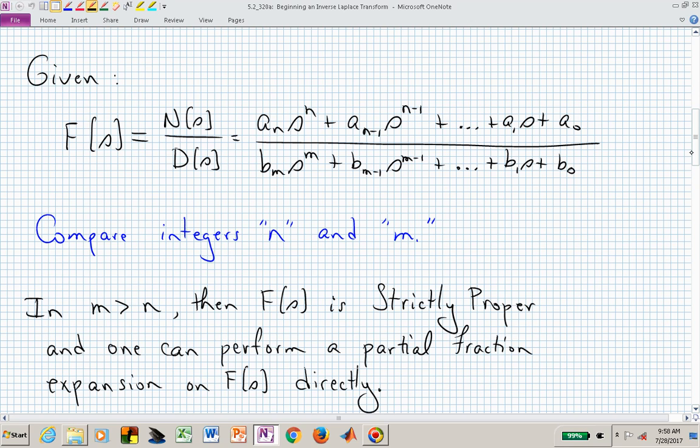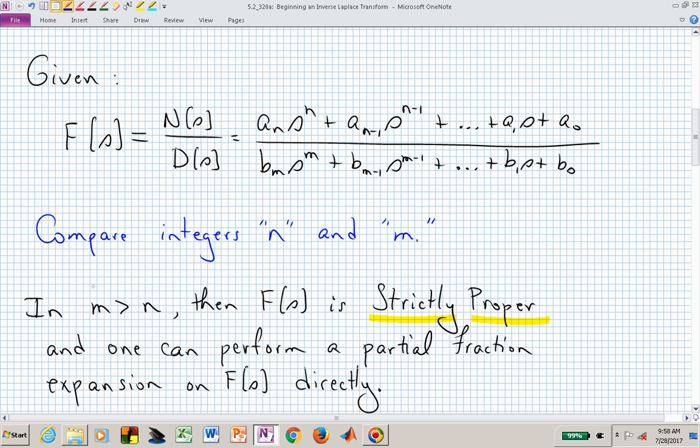If m, the denominator polynomial, is of order bigger than the numerator polynomial, then this transform, capital F of s, is what's called strictly proper, and one can perform a partial fraction expansion directly on capital F of s.